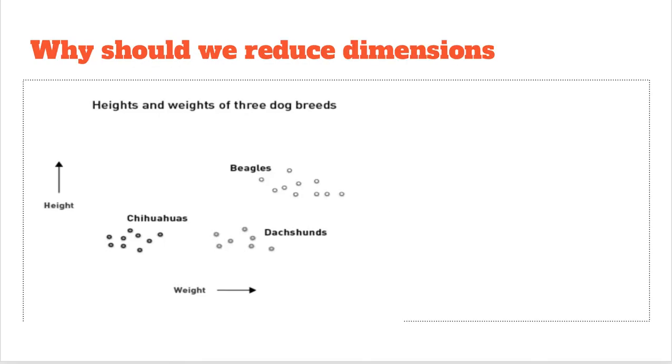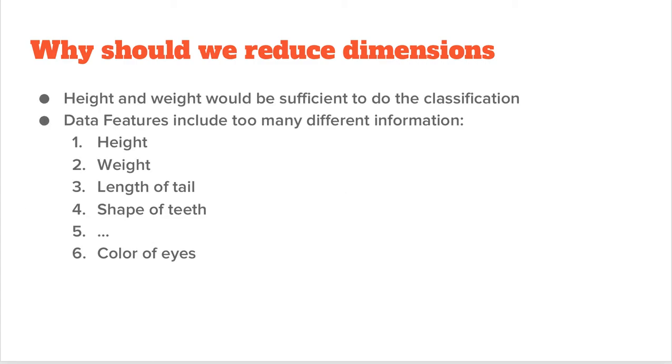Why should we reduce dimensions? For example, when we try to categorize different dogs with height and weight as the features, we think the height and weight are good enough. However, sometimes when height and weight are efficient to do the classification, the data features include too much different information.